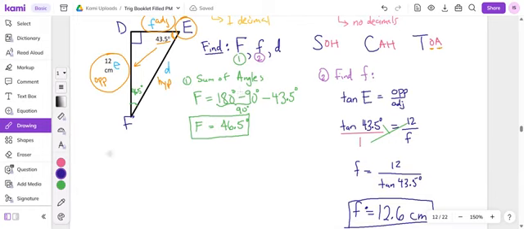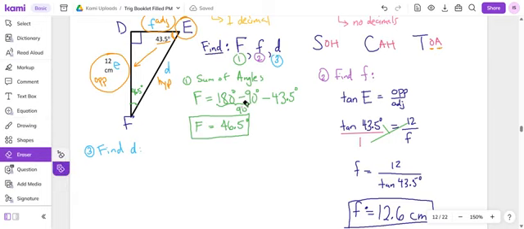Okay, moving on to step 3, and that is to solve for side D, which is the hypotenuse. So we'll say find D. Now, since I'm finding D, I'm going to take away my circles.